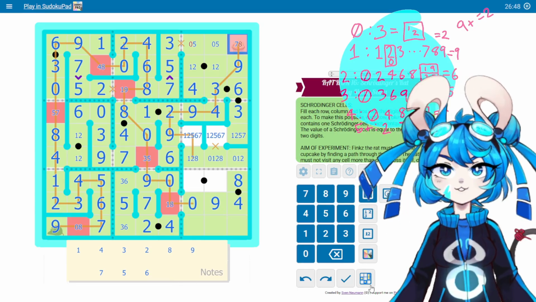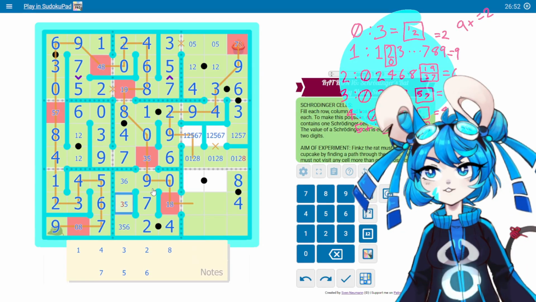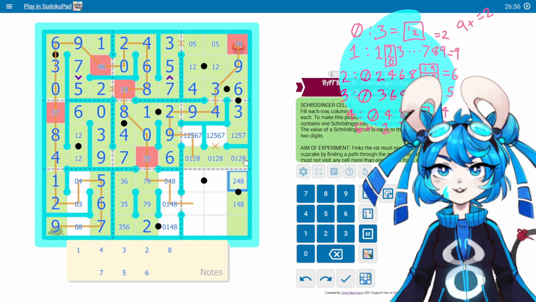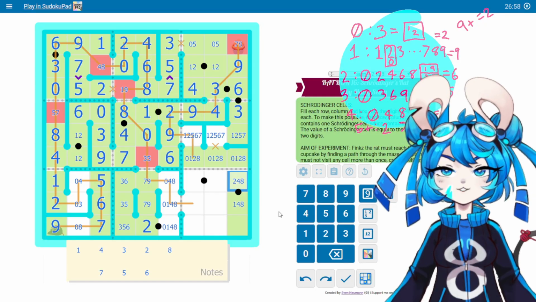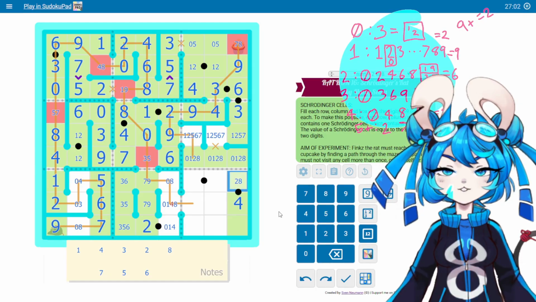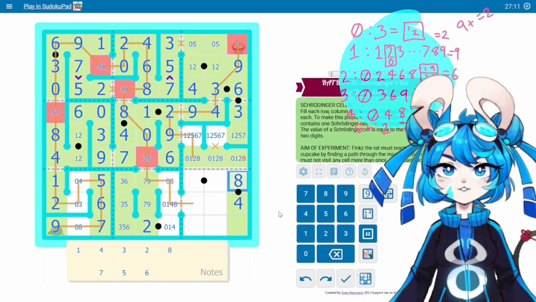I messed something up, didn't I? Yeah. I shouldn't have put an 8 on this crop key. That was looking so good, too. Why did I immediately put an 8 on that?